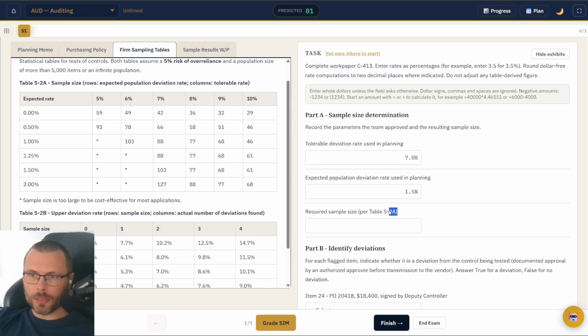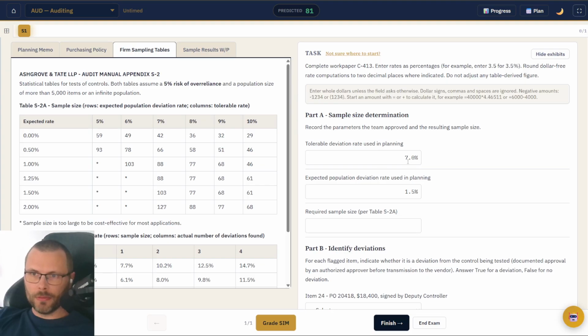And this one's telling us, table S2A, what our sample size needs to be based on the tolerable deviation rate and the expected deviation rate. So we expected 1.5%. We tolerate 7%. The sample needs to be 103. That's it.